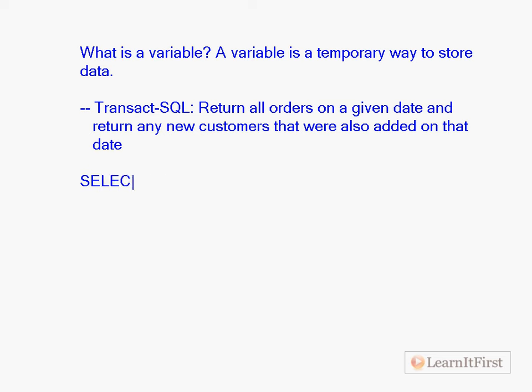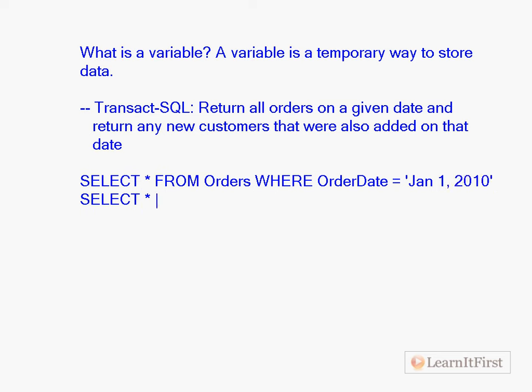We could say select all from an imaginary table called orders with an imaginary column called order date equals Jan 1, 2010. And then we'd also say select all from customer where join date equals Jan 1, 2010.